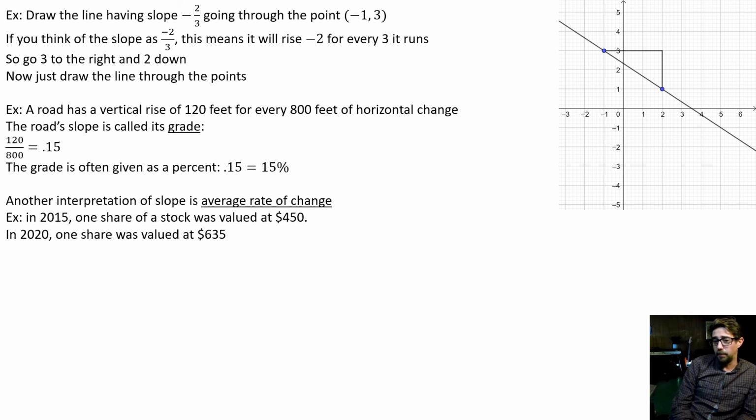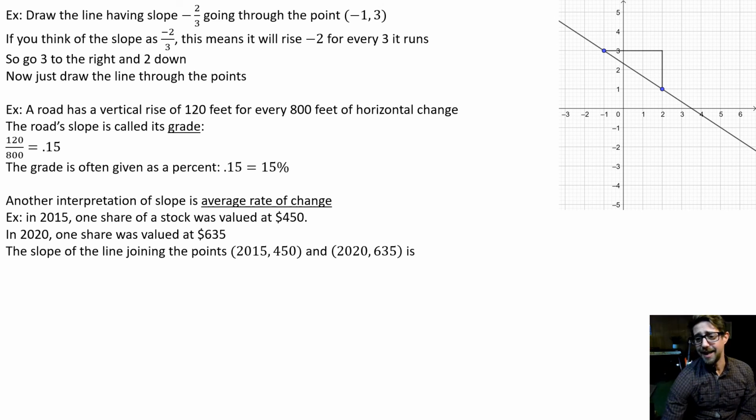So obviously it went up. It went up, let's think about this, $185, right? It went up $1.85 in 5 years. So right off the bat, you can think, oh, the average amount it went up per year is just $185 divided by 5 years. That's easy to do. We'll do it now.